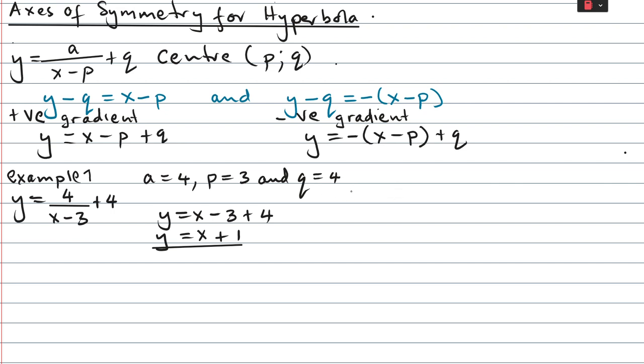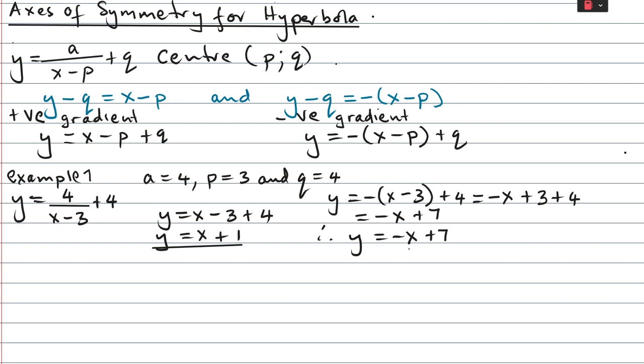We are going to get y equals minus x minus 3 plus 4, and as you can see, this is going to be minus x plus 3 plus 4, and therefore we have minus x plus 7.